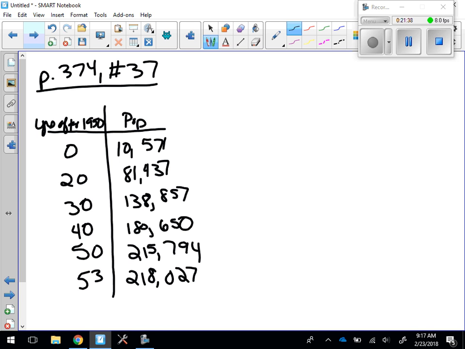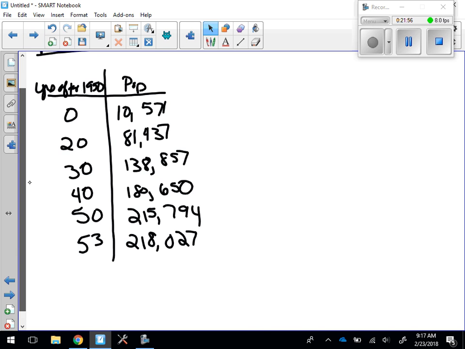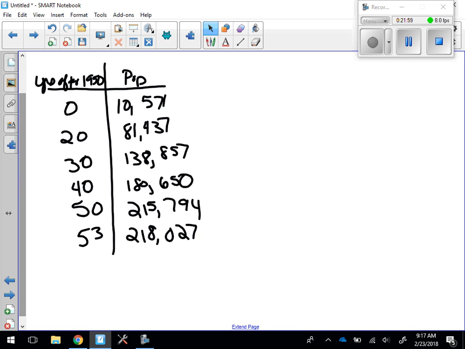Okay, so you're supposed to do this using your calculator. So you need to put the data into your calculator for step number 1. And then everybody has the data even if you don't have your book in front of you. And let me grab my calculator.